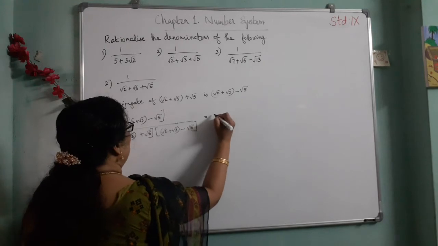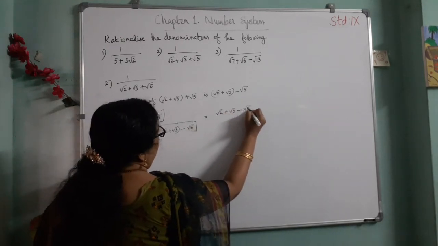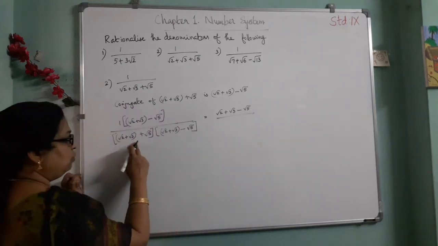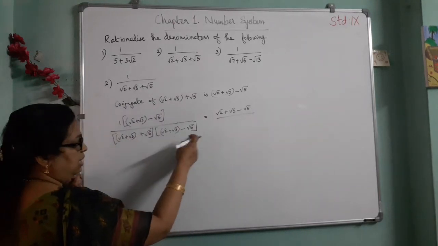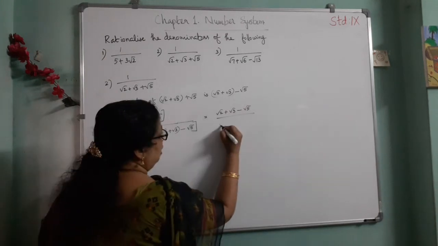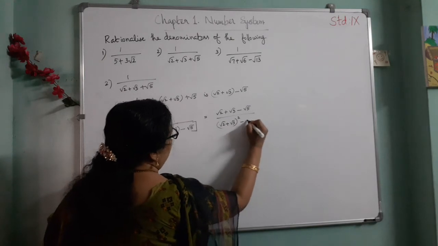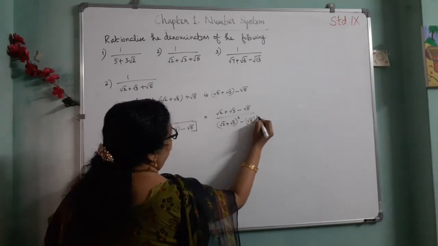So this is equal to root 2 plus root 3 minus root 5 divided by, this is of the form a plus b into a minus b. Here instead of a, root 2 plus root 3. So a square minus b square, root 2 plus root 3 the whole square minus root 5 the whole square.